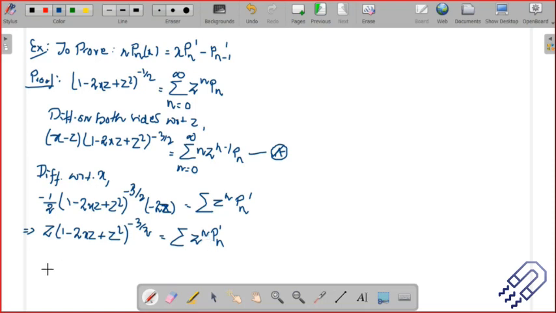A trick which you should remember: once you do it, you will realize that yes, this is something you need to do. Multiply by minus z on both sides. Now you know why x minus z, because here you have an x minus z and you've got this term. So actually you can use it.